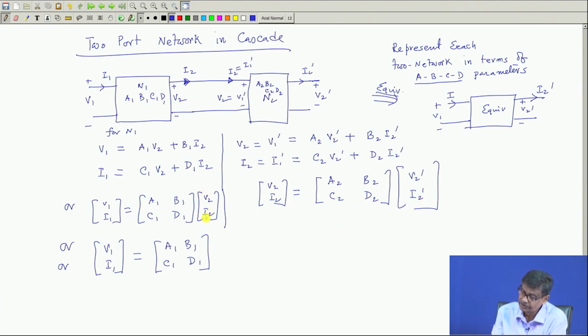So, substitute this column vector in terms of the product of A2 B2 C2 D2 and V2 dashed I2 dashed. So, this can be written as A2 B2 C2 and D2, and this will be V2 dashed and I2 dashed.